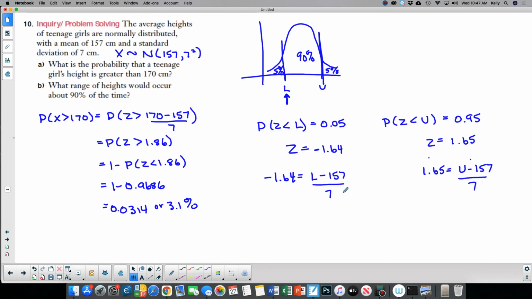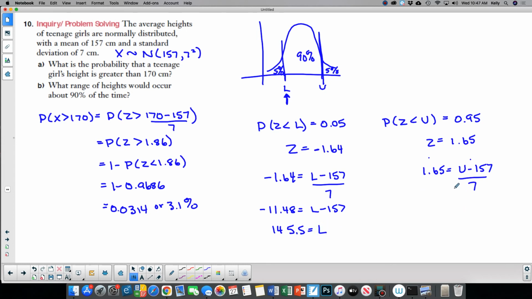So now we just have to solve these. This is going to give me negative 11.48, which equals the lower bound minus 157. So what I did was multiply by 7 on both sides. So this is just 7 times 1.64, and then add 157 on both sides. So this gives us about 145.5 equals the lower bound.